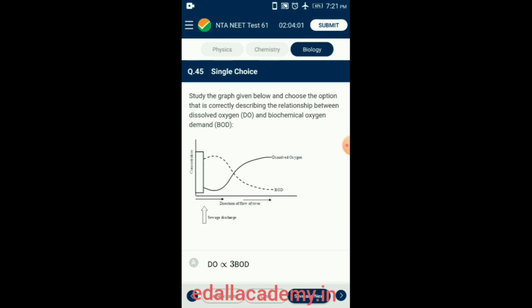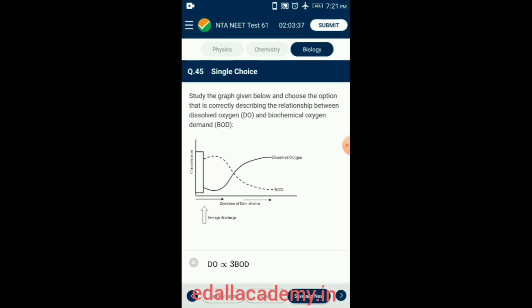DO, that means dissolved oxygen, is the amount of oxygen dissolved in water. When BOD is high, it means there is a lot of organic contaminant in the water and the microbes are working overtime to break it down. They use oxygen while doing this.